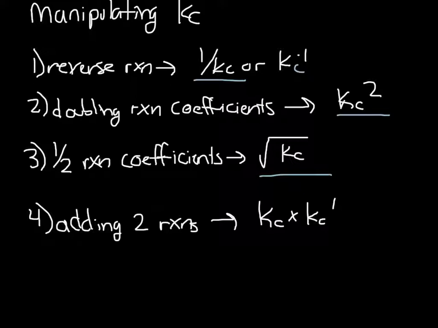What if we have two reactions and we're going to add them together? Well, you have the Kc value for reaction 1, you have the Kc value for reaction 2, so we multiply them together to see what the overall effect is. So if we have an equilibrium reaction, 2 HI gives you H2 plus I2.